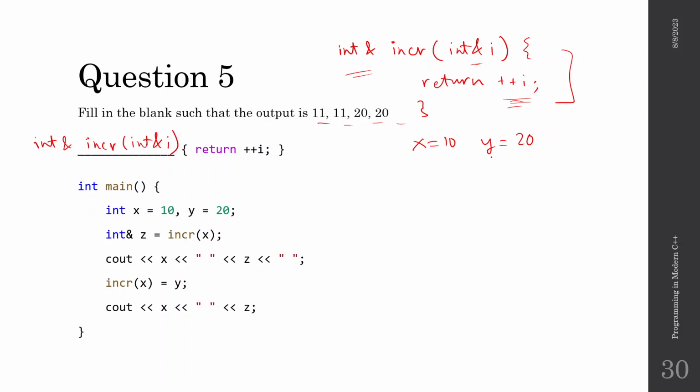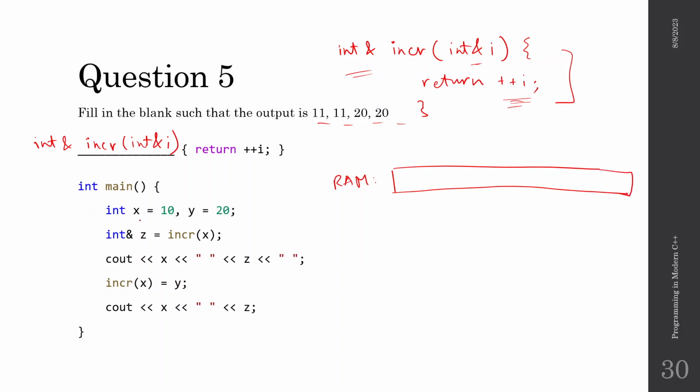Better, let me draw it in terms of the RAM. So again I will draw the RAM. The first line, x equal to 10, y equal to 20, allocates two spaces for two variables.